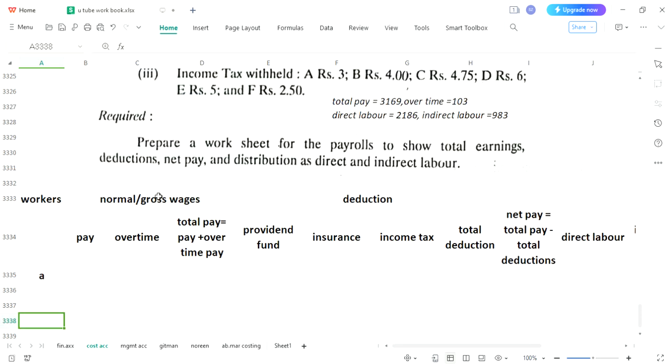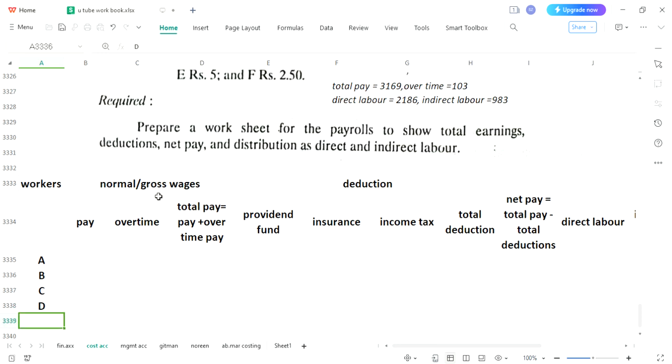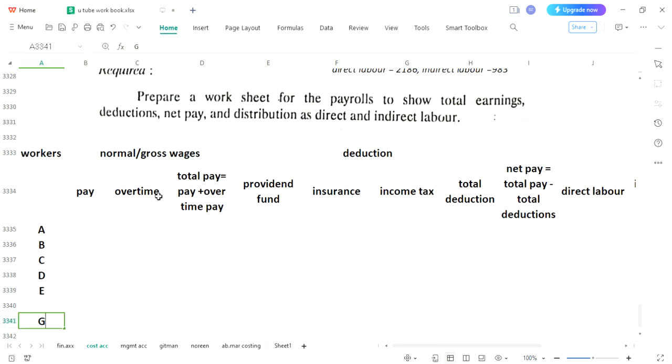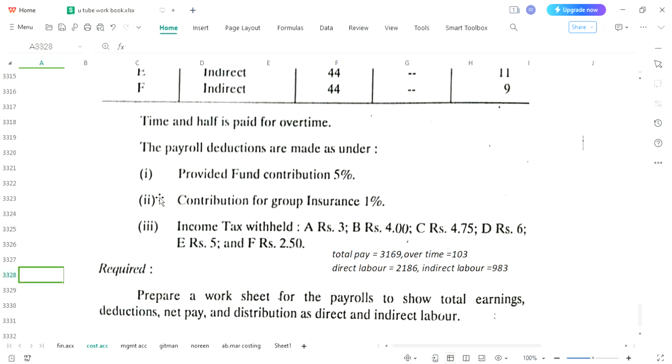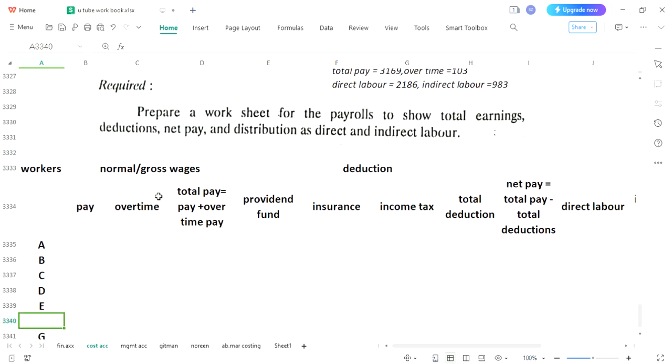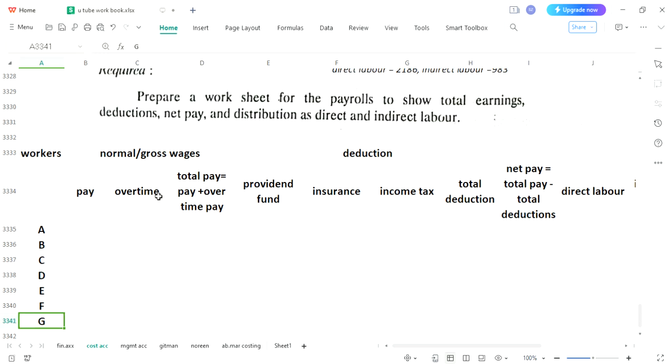So let's start. We will look at worker A, then B, C, D, E, F. I think G. Let's see. No, just F. G is not present.